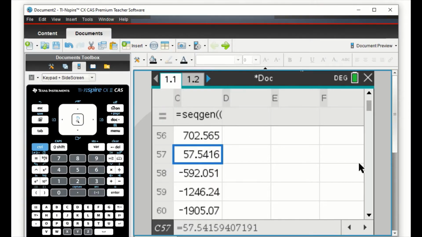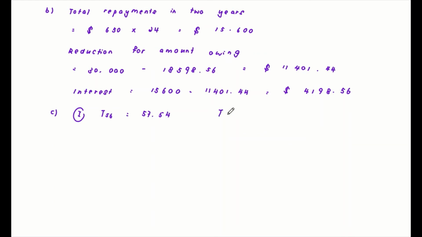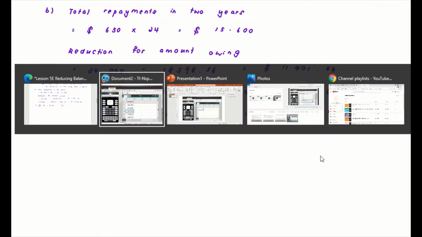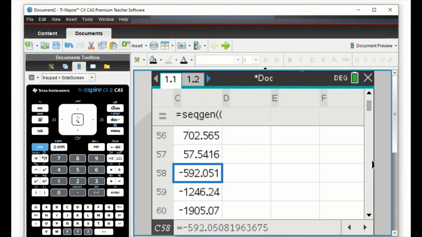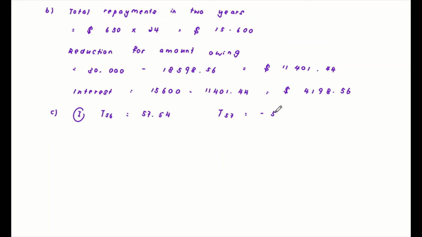Okay, then I move on to T57. Then I'm owing, oops, sorry for that, negative 592.05. So by looking at this, your amount of owing becomes negative already, and that's the time that you finish paying. So in this case, we can see that 57 repayments are required.